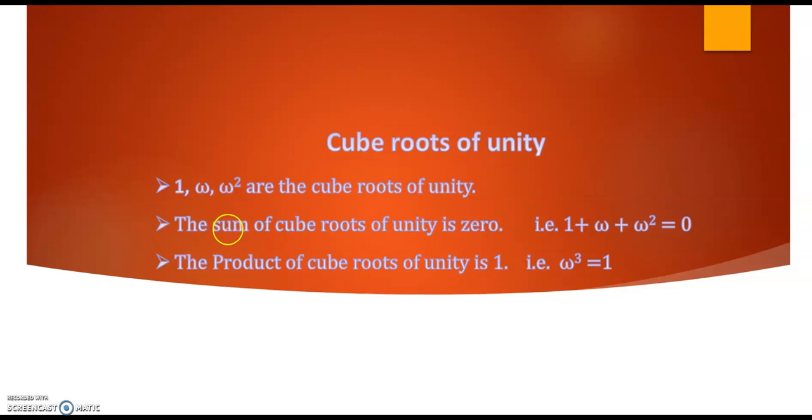The sum is 0, that is 1 plus omega plus omega square is equal to 0, and the product is 1, that is 1 into omega into omega square, which is omega cube, is equal to 1. Whenever we are dealing with cube roots of unity, we should always have at the back of our mind that the sum of cube roots of unity is 0 and the product is 1, that is omega cube is equal to 1.